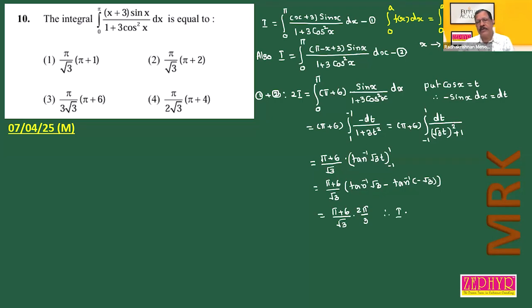Therefore, I will be equal to what? 2 is getting cancelled. Pi plus 6 divided by 3 root 3 into, okay, 2 is getting cancelled. So you will be getting pi into pi plus 6 divided by 3 root 3. Pi into pi plus 6 divided by 3 root 3 is option 3.